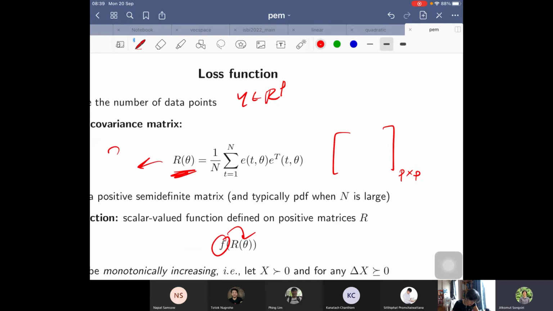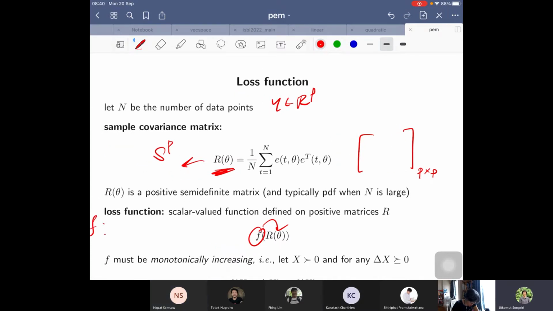Is it symmetric? Yes, it is symmetric as well. So if I define some function f that maps from symmetric matrices to a scalar, this is called a loss function.